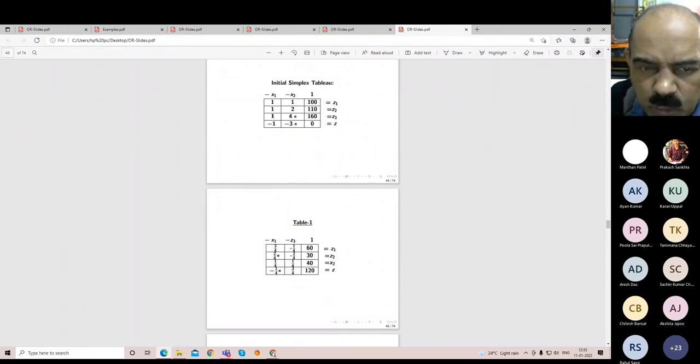So in the third row, the 1 is becoming 1 by 4. For the 4 we have already done it once and will not repeat. This 160 you divide by 4, and it becomes 40. So in the same row, the values are 1 by 4, 1 by 4, 40.